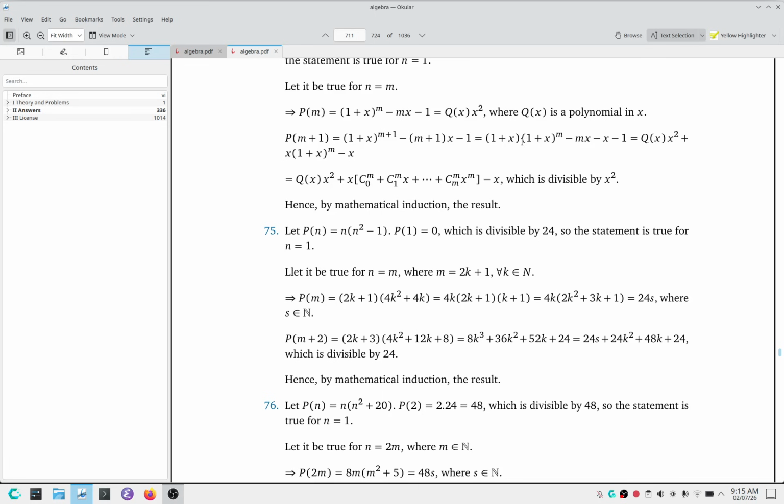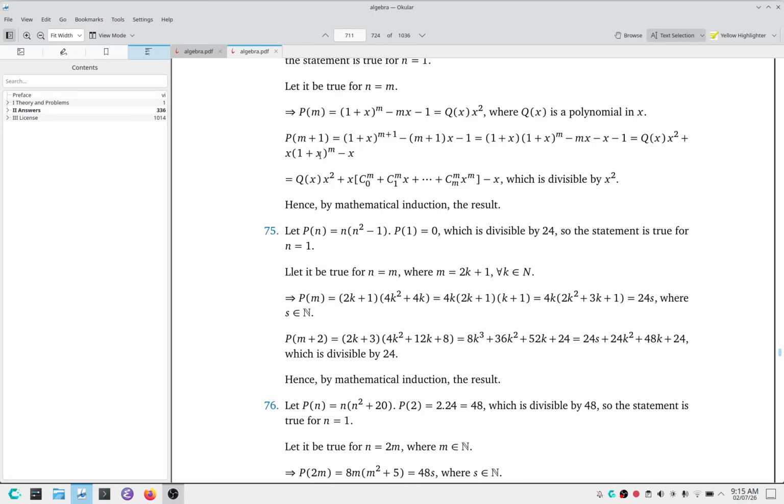We take (1 plus x) common from the first term, we get (1 plus x) times (1 plus x) raised to the power m minus mx minus x minus 1. So this is equal to q(x) into x square plus x times ((1 plus x) raised to the power m minus 1).